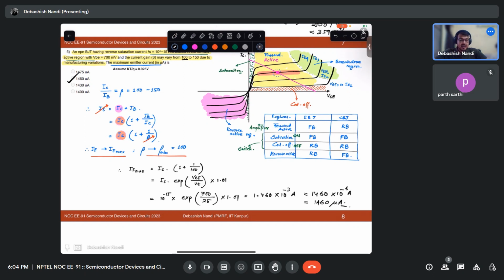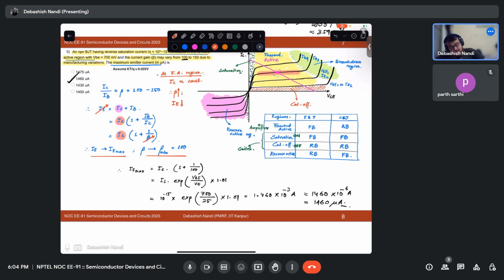So did you get the main crux of the problem? The main crux lies in the fact that in the forward active region, IC is fairly constant. So if beta also varies, my IE will vary, not that my IC will vary, okay?